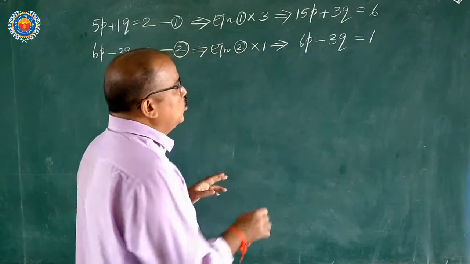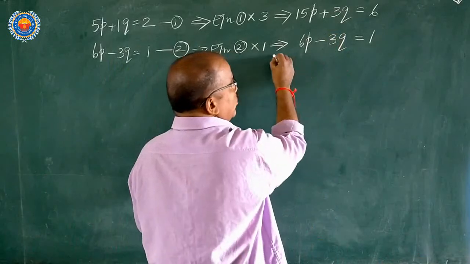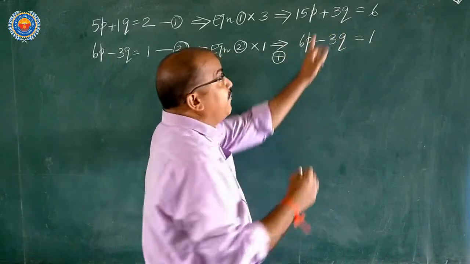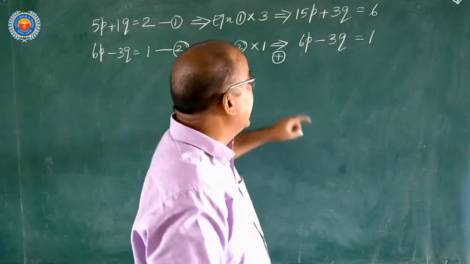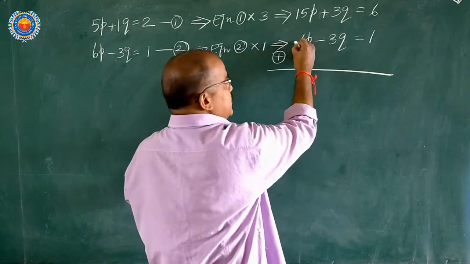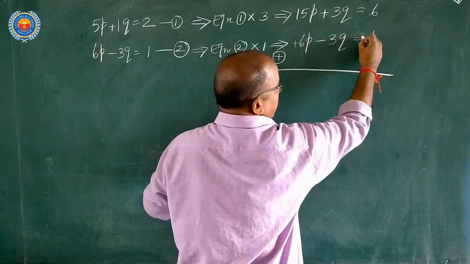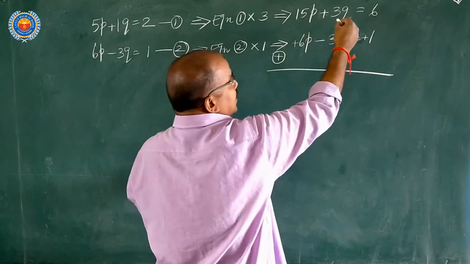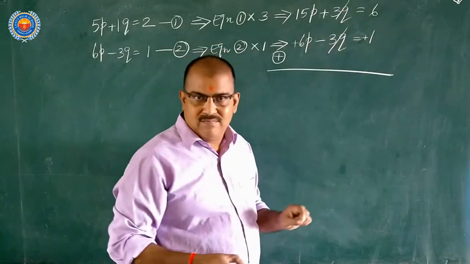Here different signs are there, so we have to go for addition. So plus 3q minus 3q will be 0.